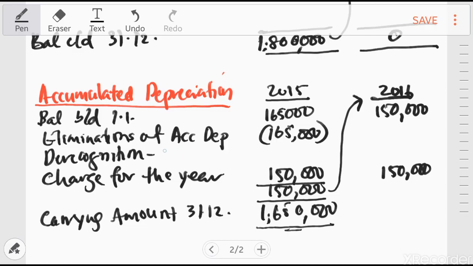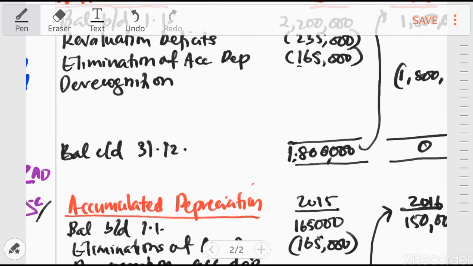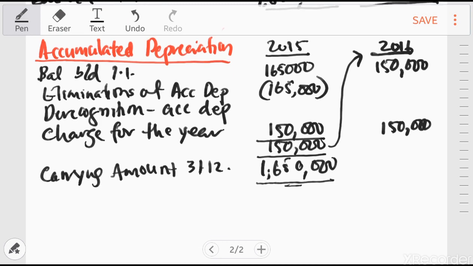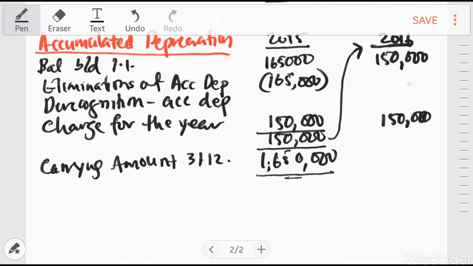So this derecognition is the derecognition of the accumulated depreciation. Derecognition here is the derecognition of the costs that were being derecognized or being disposed. So that's the difference. So therefore, total was 300,000.